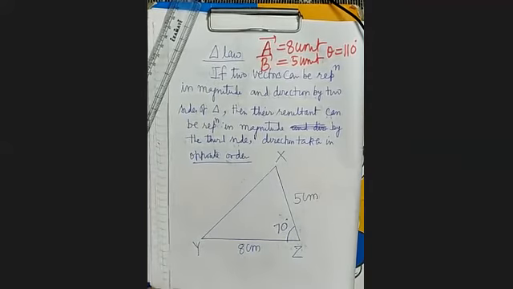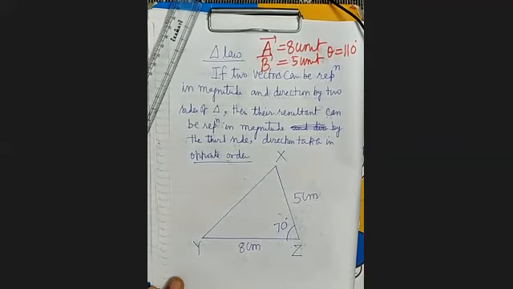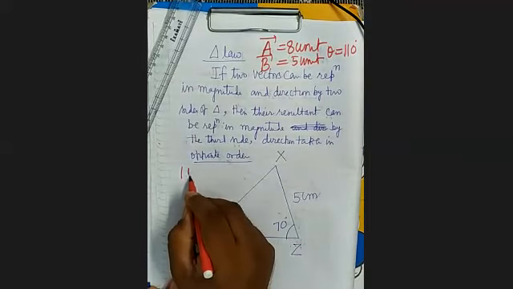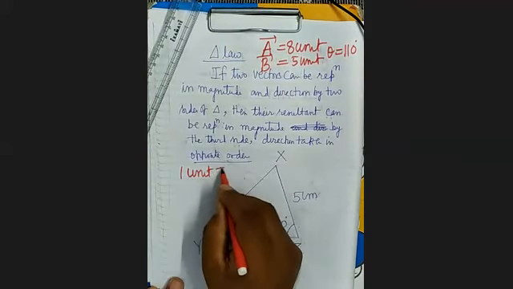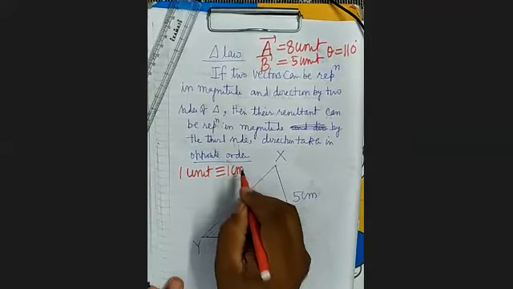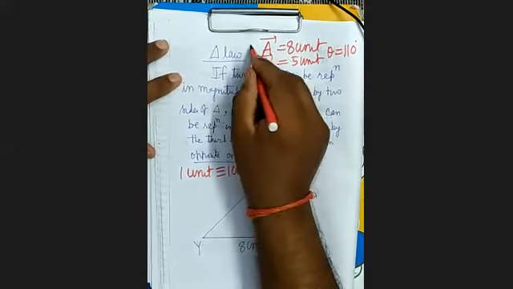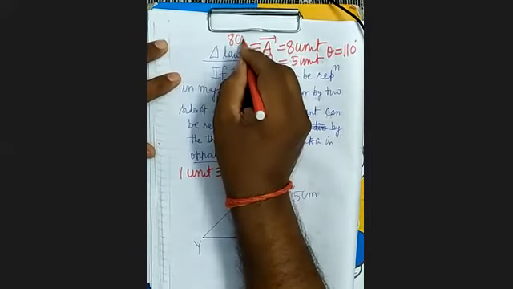एक वेक्टर 8 यूनिट का है, दूसरा वेक्टर 5 यूनिट का है, उनके बीच का एंगल 110. You take a scale, 1 unit equals to 1 centimeter. So you can see here it can be represented by a line segment of how many centimeter? 8 centimeter.